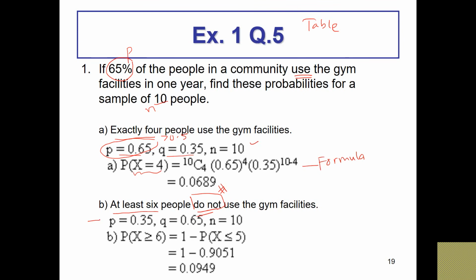So you should start by converting the P value, as if your P has been changed into the previous Q. Now you have a new value for your P, and of course a new value for your Q as well. Because your P value is just 0.35, which is less than 0.5, you can still find it in your table, so you can use the table directly. Again, this is the value that you get.